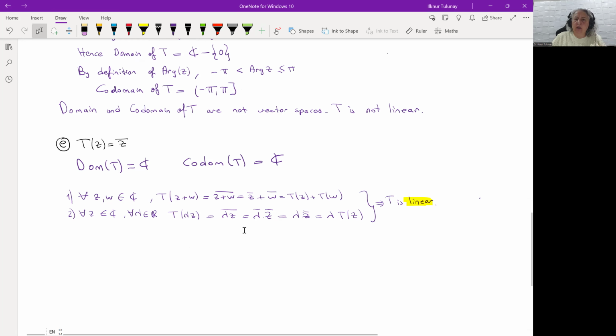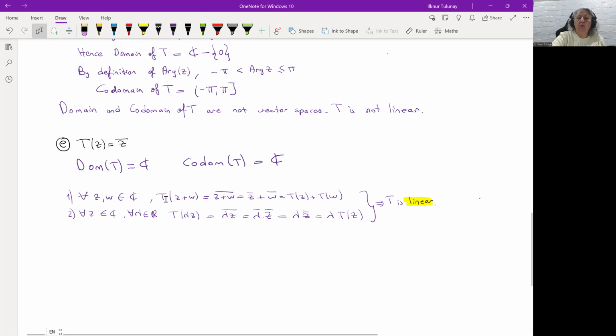In a real number, there's no complex conjugation; the complex conjugation of a real number is itself. And this is z bar, the complex conjugation of z, which by definition is T of z already. So addition, vector addition, and scalar multiplication are both preserved by this map, and so T is linear.